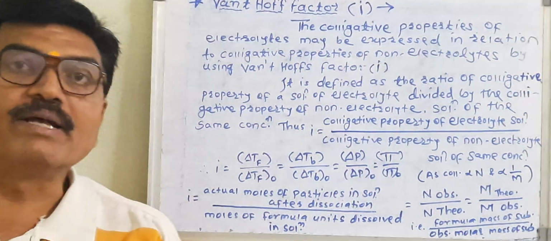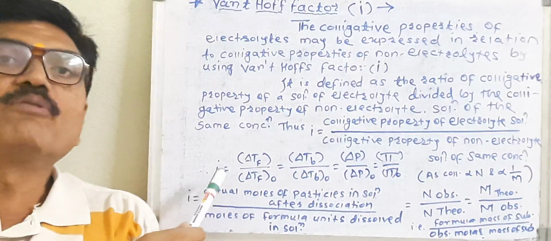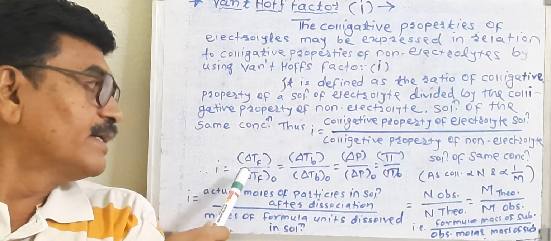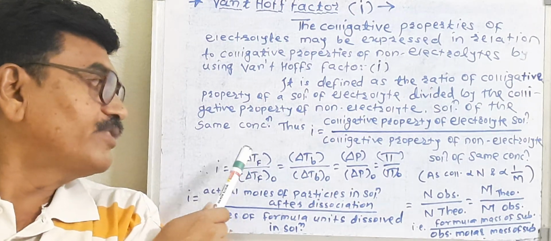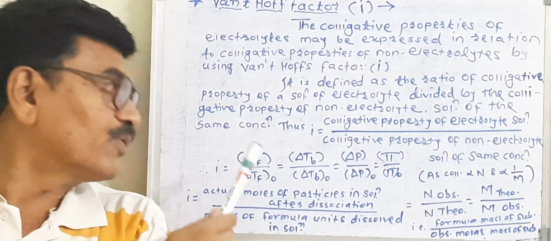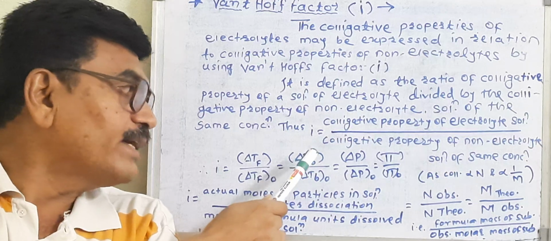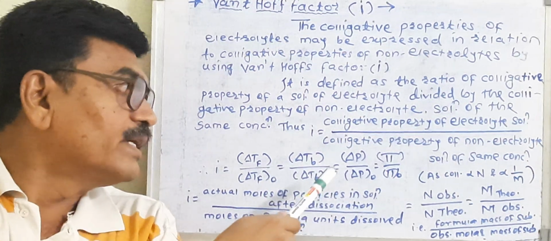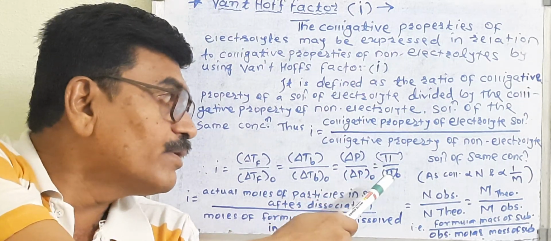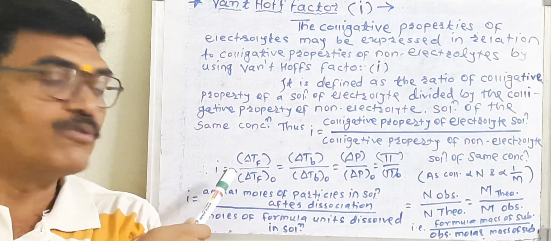Mathematically, this can be written like this: Van't Hoff factor i for any qualitative property, that is, delta Tf upon delta Tf0, the depression in freezing point, delta Tb upon delta Tb0, the elevation in boiling point, is equal to delta P upon delta P0, is equal to pi upon pi0. So this holds for all qualitative properties.